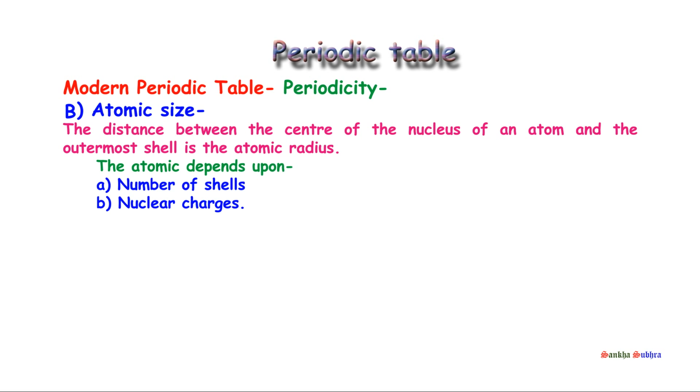Now we are trying to discuss the first factor, that is the number of shells. If we try to follow any of the groups, say group 1, that is alkali metals. We know lithium, sodium and potassium are all placed in group 1, but lithium has only 2 shells, sodium has 3 shells and potassium has 4 shells.